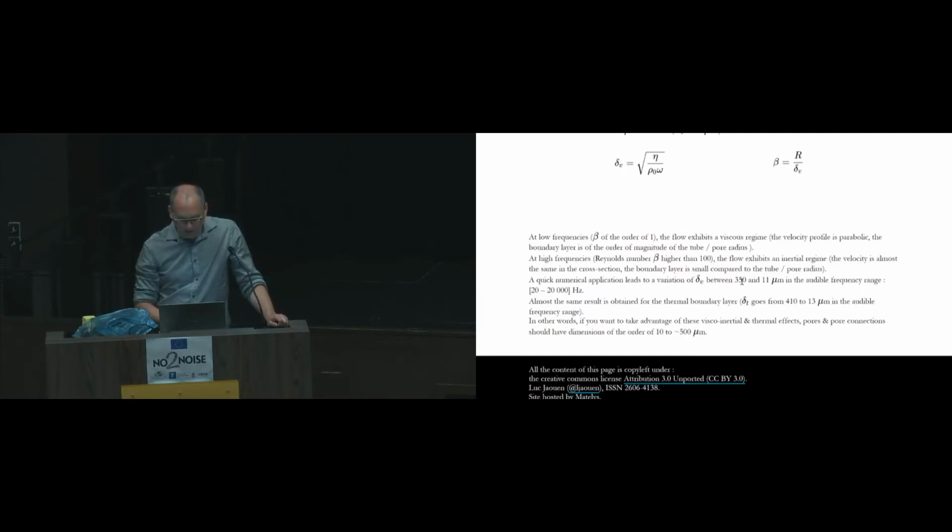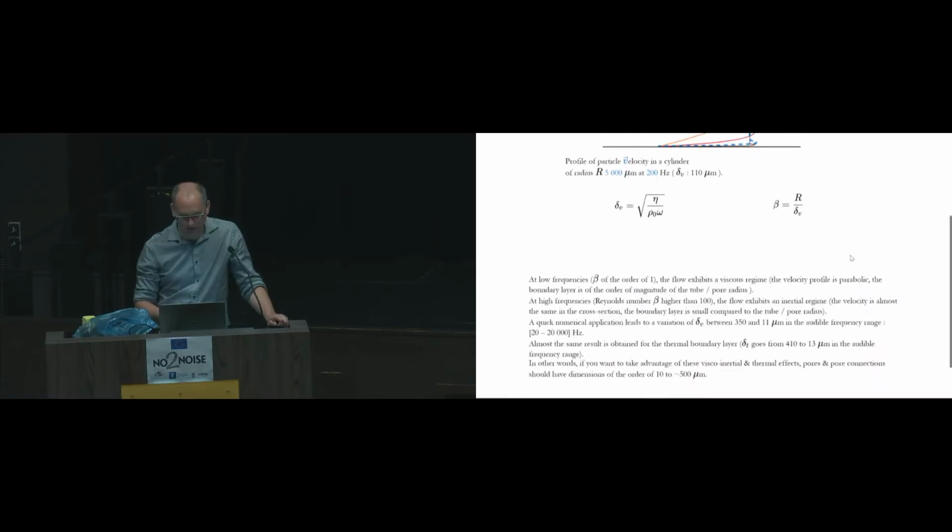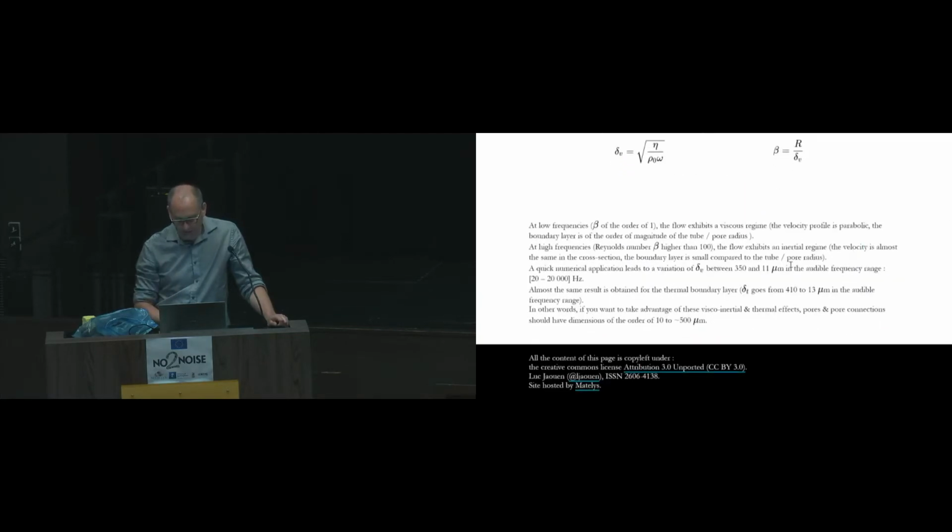We have exactly the same thing happening for thermal effects. But this time, this is not the profile of the velocity, this is the profile of the excess temperature. If you play with the equations, you will see that to have dissipation using thermal effects, you will need a pore radius between 13 micrometer and 410 micrometer.